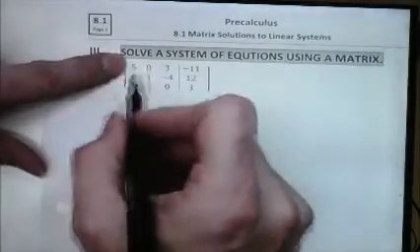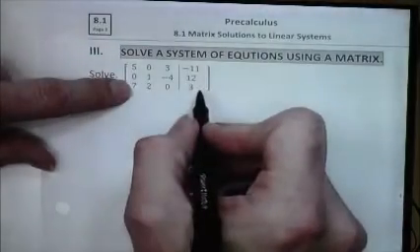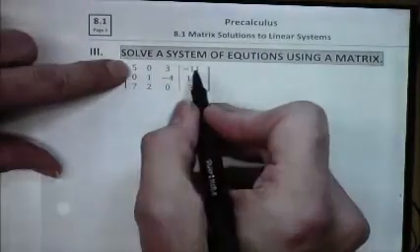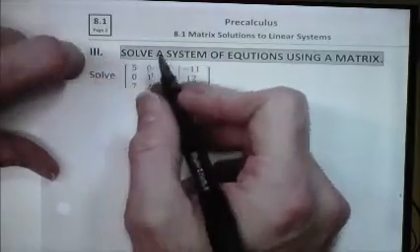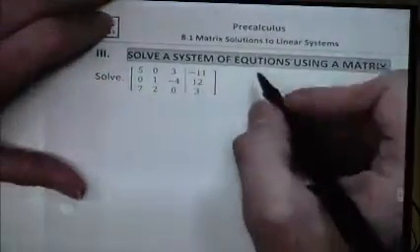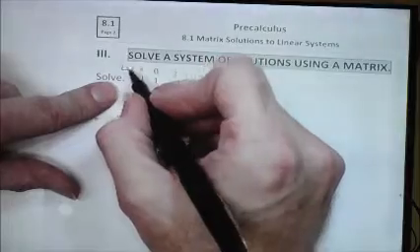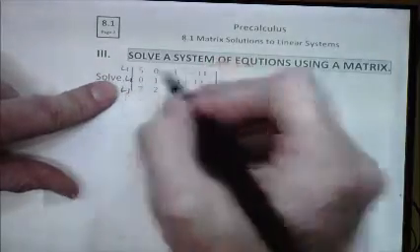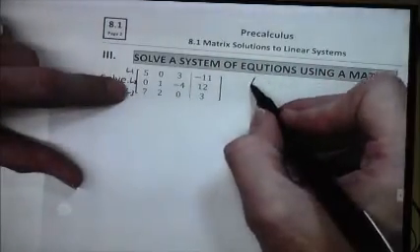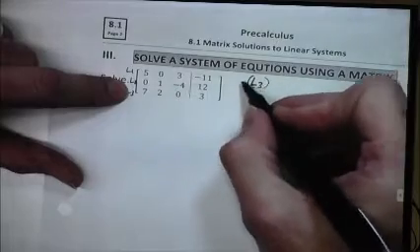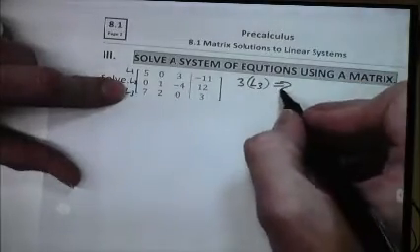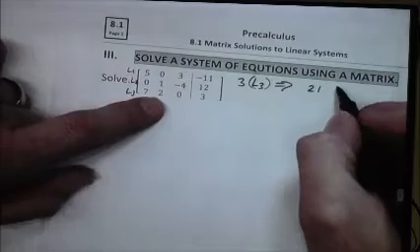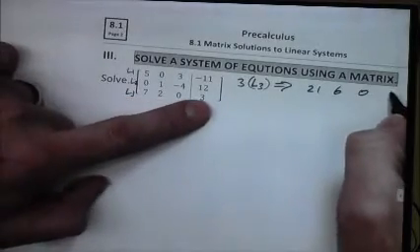So what I'm going to do is I'm going to multiply this one by 3, this one by 4, and I'll get 21, and I'll get 20, and I can subtract that. So I'm going to do this. Remember, this is L1, this one's L2, and this one's L3. So I'm going to do L3 times 3, which is 21, 6, 0, and 9.